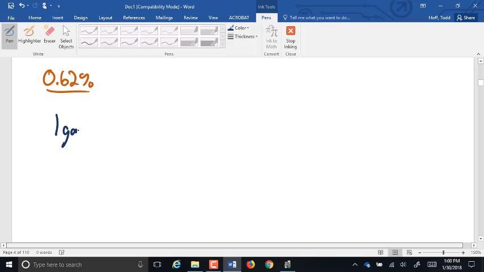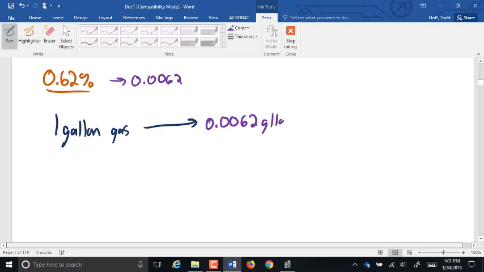So 1 gallon of gasoline contains, how many gallons of benzene? Well, 0.62, if I do it as a rate, is 0.0062, right? Times 1 gallon, that is 0.0062 gallons of benzene. That doesn't sound like much, does it?